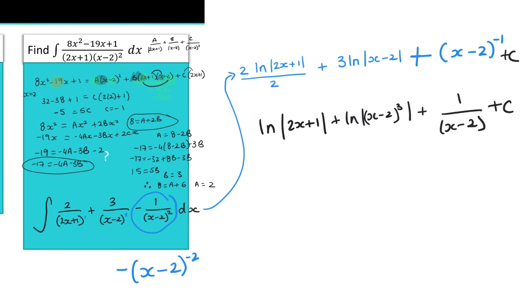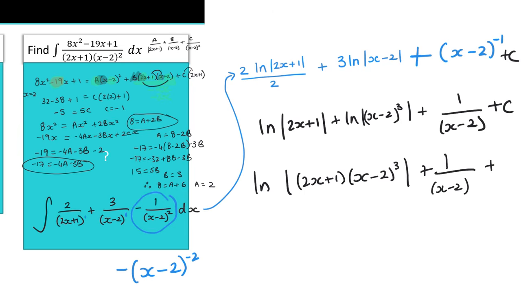Okay, so this is now ln of 2x plus 1 multiplied by x minus 2 cubed plus 1 over x minus 2 plus c. There we have it. Please don't get caught out by that.